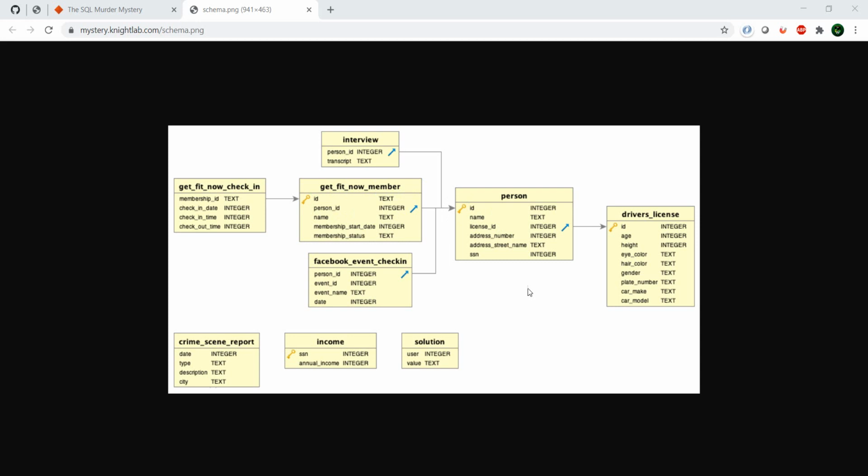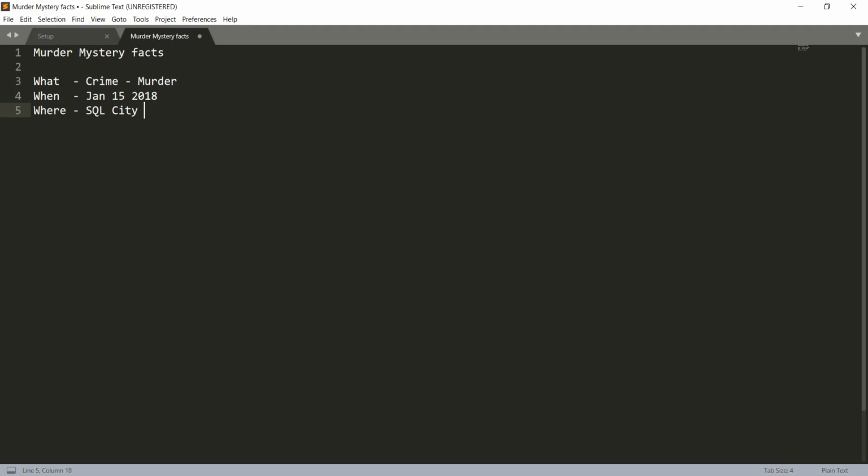The thing that we want, or where we should start, is right at the bottom here. If you remember in the previous video, I noted down what we know so far. We know, in our mystery case, the what, when, and where: we have a crime which happened on January 18, 2018, and it happened in SQL City.